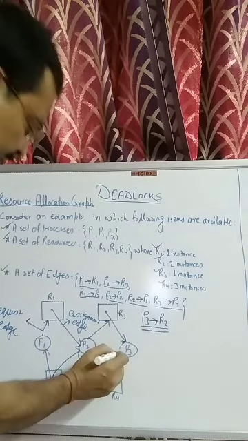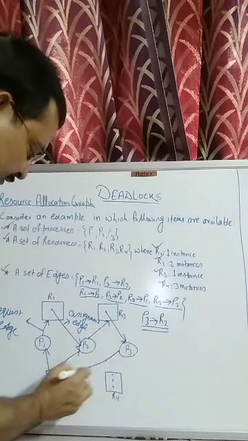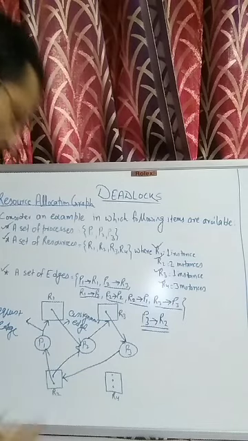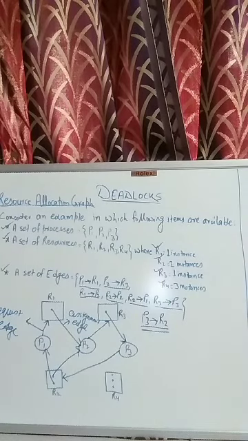But when we connect the new edge from P3 to R2, then two cycles are seen in this graph.